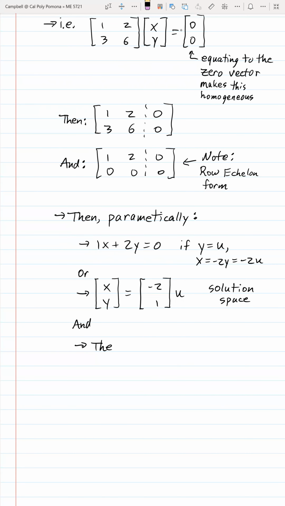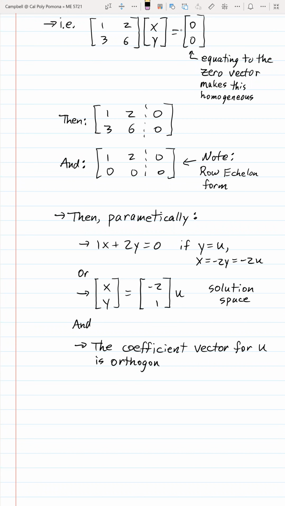Then the coefficient vector for our parameter u, it turns out that it is orthogonal. It spans the rest, and we'll define spans more formally later in this class.